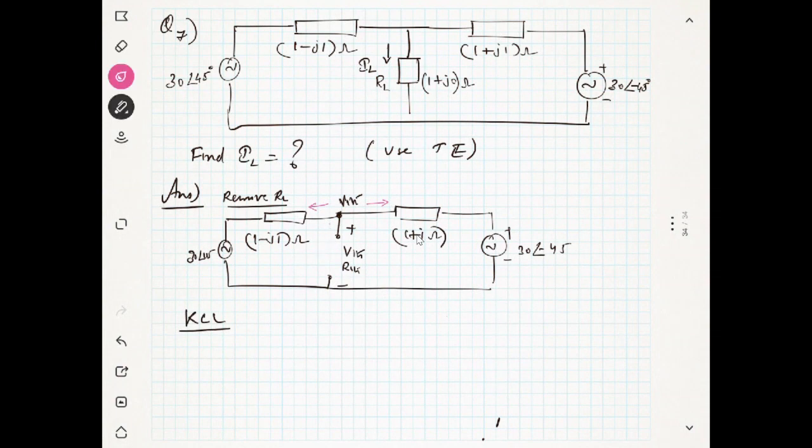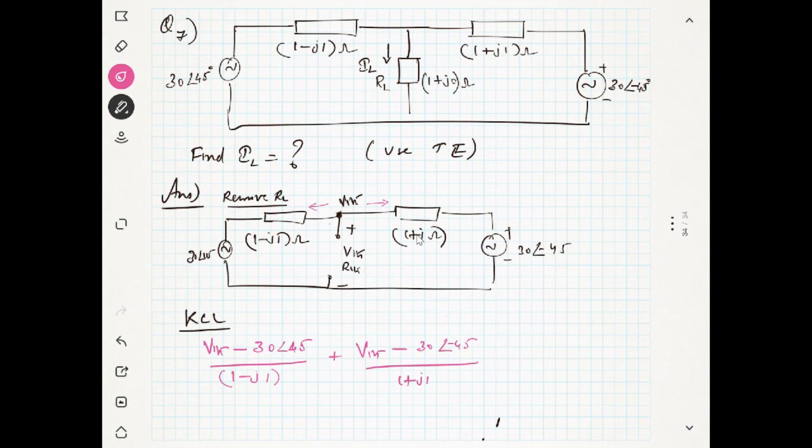So it is (Vth minus 30 angle 45) divided by (1 minus J1), plus (Vth minus 30 angle minus 45) divided by (1 plus J1).